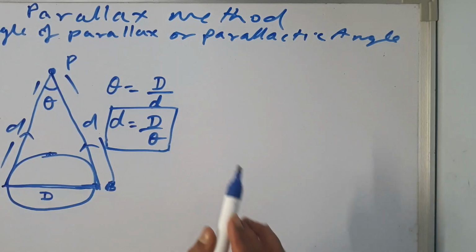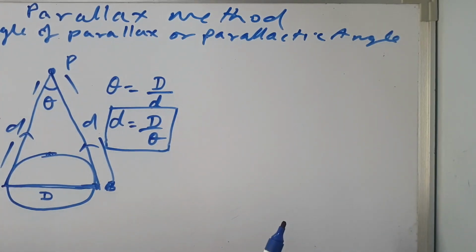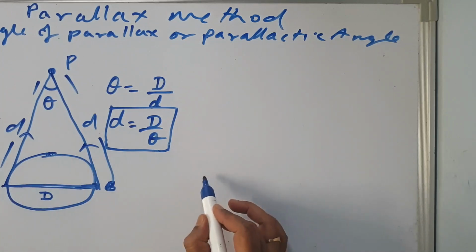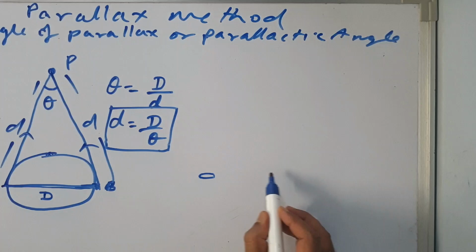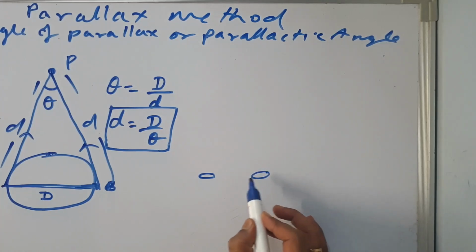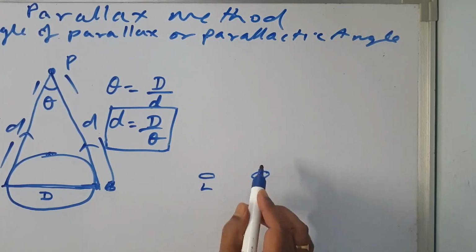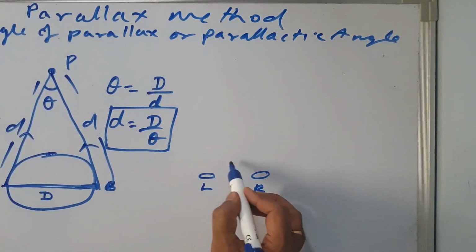Now this parallactic angle, what is it? Let us find out what it is. Suppose you hold a pen in front of you, in your hand. These are your two eyes, left eye, right eye. You are not looking out of the board.